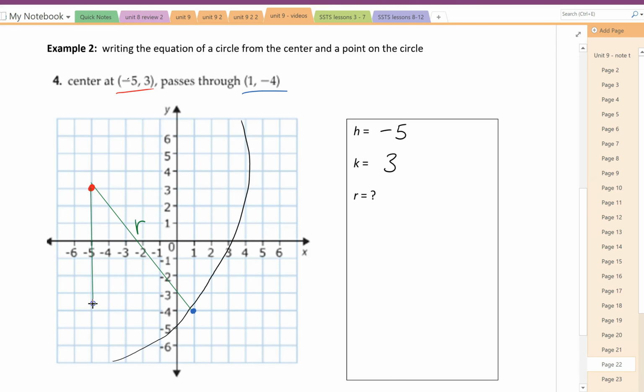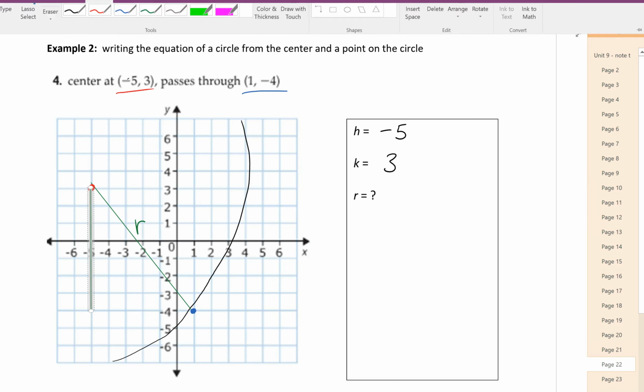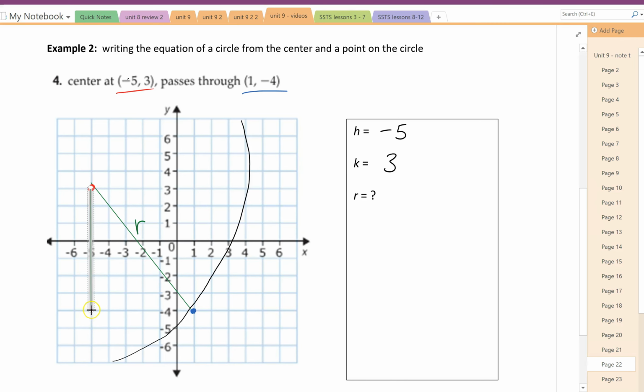I'm just going to create a right triangle like this. Here would be the right angle. And now I just count how long these two sides are, and I can use them to calculate the hypotenuse. All right, so this side right here is 1, 2, 3, 4, 5, 6, 7.